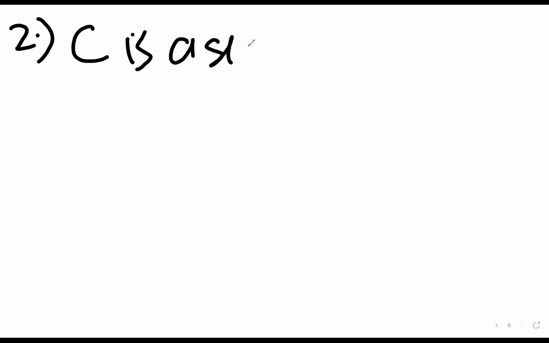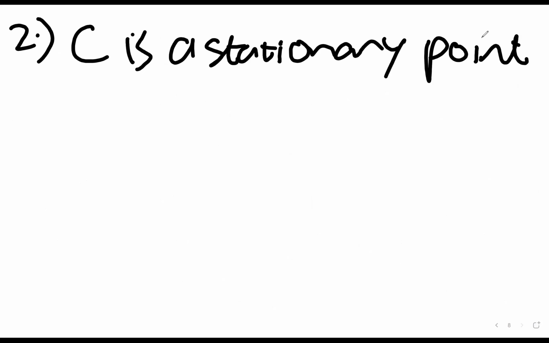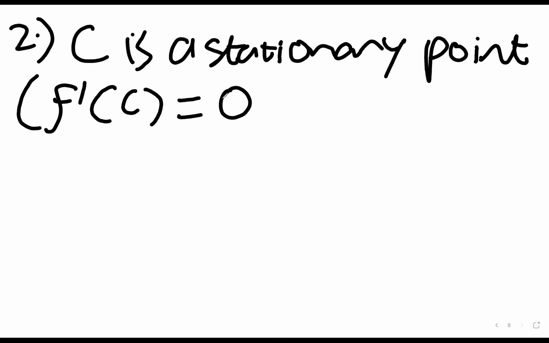The second one: c is a stationary point. The meaning is that f prime of c equals 0. In a geometrical interpretation, the gradient of the tangent line to the curve at the point c comma f of c is 0, since f prime of c is 0. So the tangent line to the curve is horizontal, or parallel to the x-axis.